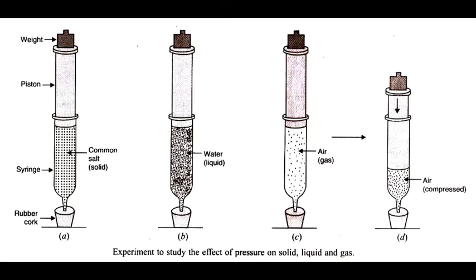It shows that pressure applied to solid, liquid and gas acts differently, because solid is almost not compressible. It does not have any space between the particles. Liquid has more space, so it is a little more compressible, and gas can be compressed very much into a very small space. With this in mind, let us move to the next slide.